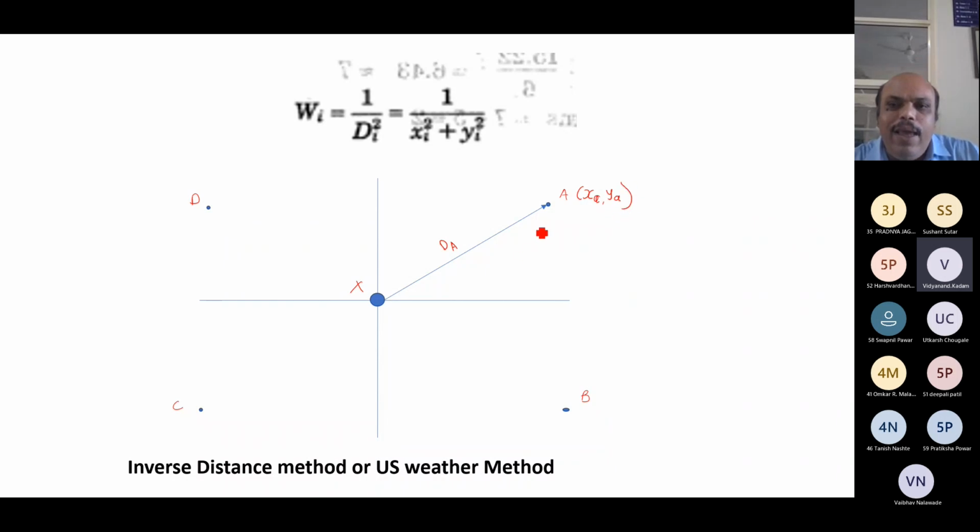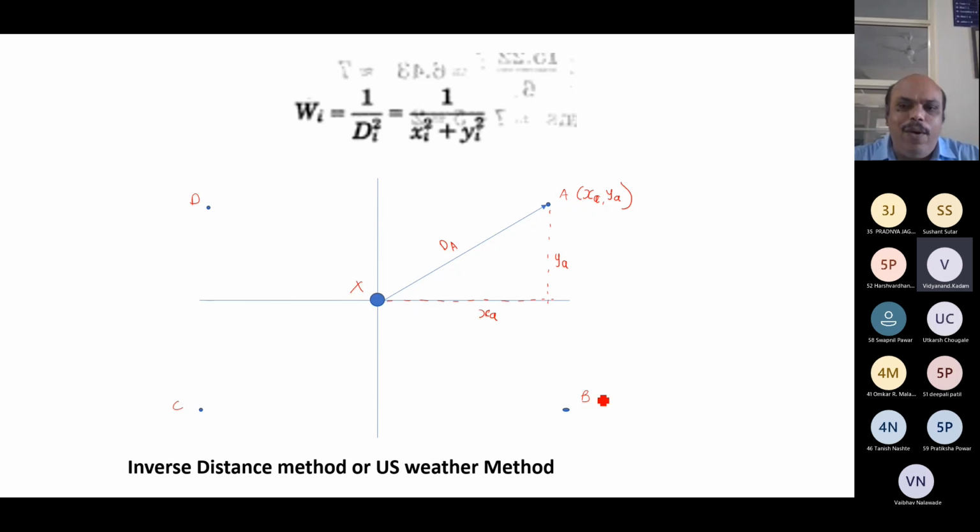How to get XA and YA? See, this vertical distance is YA, and this horizontal distance along this horizontal line is XA. If we plot all these stations with respect to station X, then we can find the coordinates for each station.